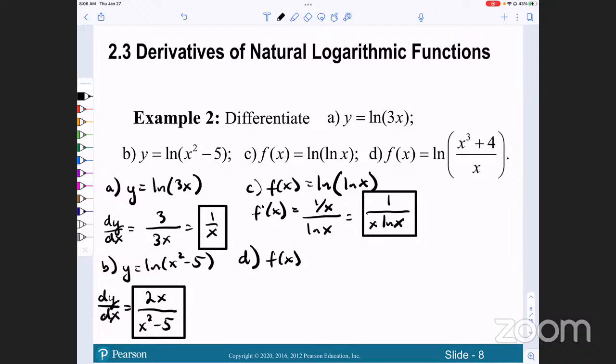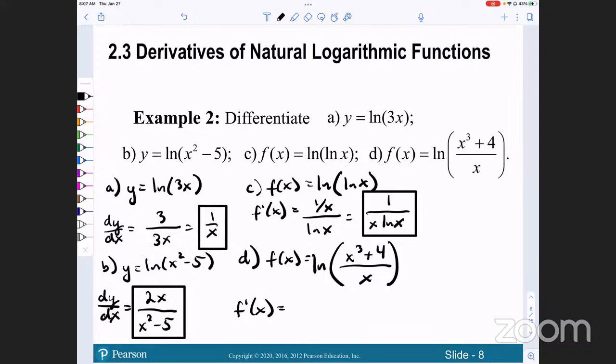If our f of x, let's see, now on top we have this x cubed plus 4. On bottom we have x. We're taking the natural log of all of that. Okay. So then our f prime, we've got to do the derivative of that quotient. We could rewrite it. Let me think. I think I'm going to just use the quotient rule.